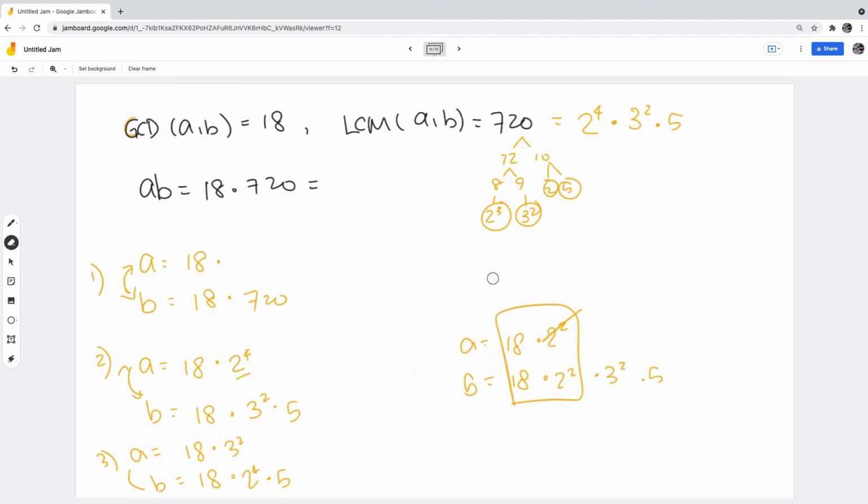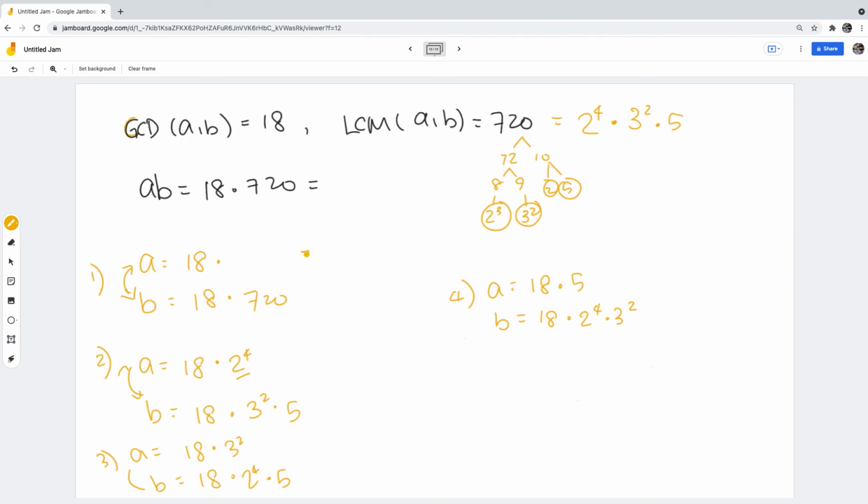And if we continue doing that, I can also have A equals 18 times 5, and B can be 18 times the other two, 2 to the 4th and 3 squared. Is there anything else? Well, 1 times the whole thing, we already did that. So we did 2 to the 4th, 3 squared, 5. Yeah, that's it. That's the only combination, the possible A's and B's.